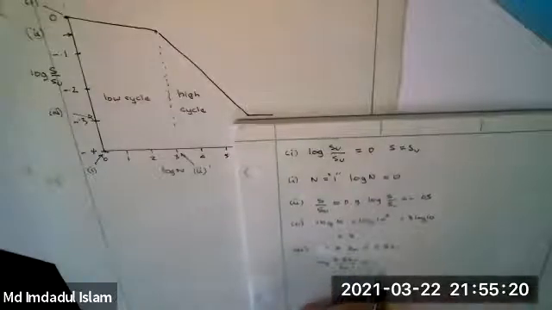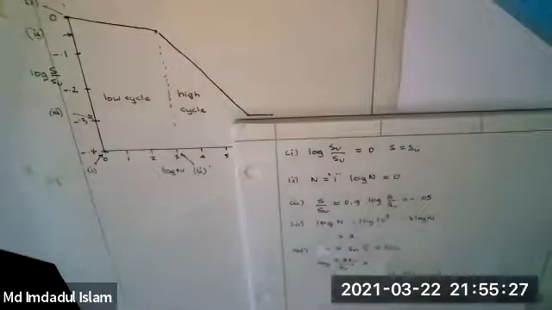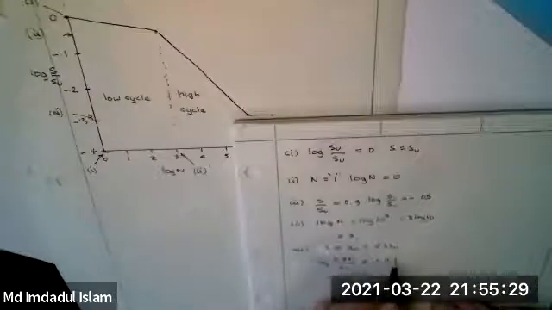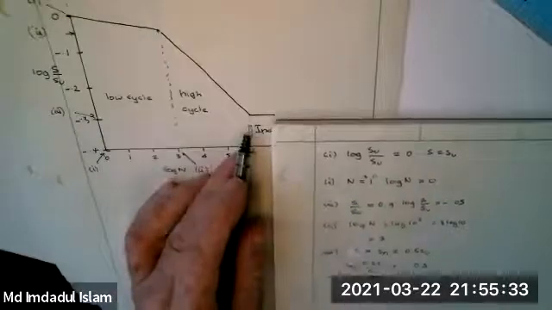So log of 0.5 to the base 10 is minus 0.3. The corresponding point here is 10 to the 6th cycles.